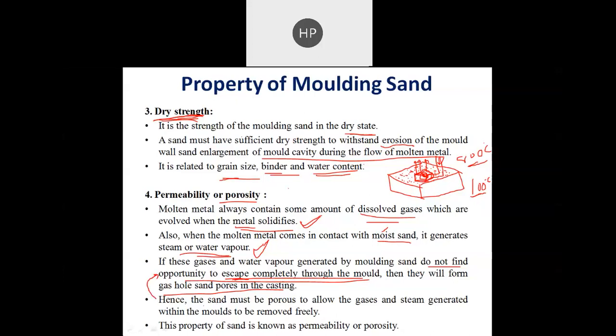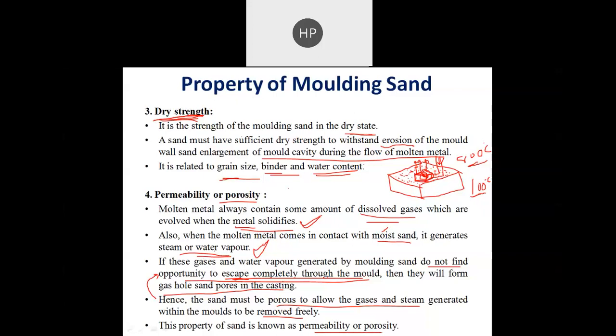The sand must be porous to allow the gases and steam generated within the mold to be removed freely, and easily. This property of the sand is known as porosity.